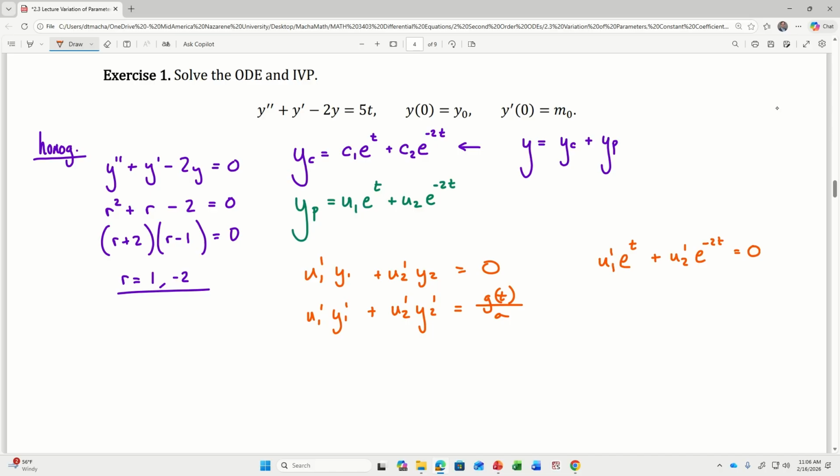And then u1 prime, what's the derivative of e to the t? E to the t. And plus u2 prime, what's the derivative of e to the negative 2t?